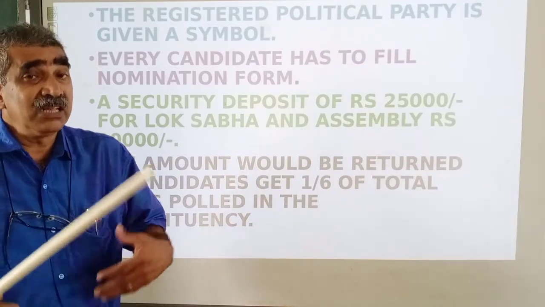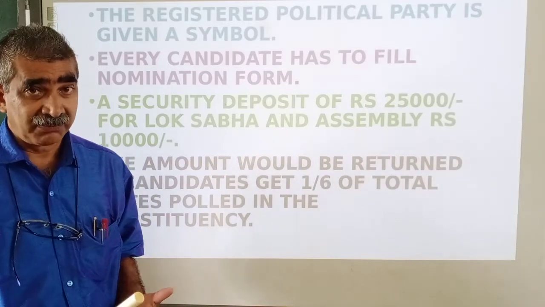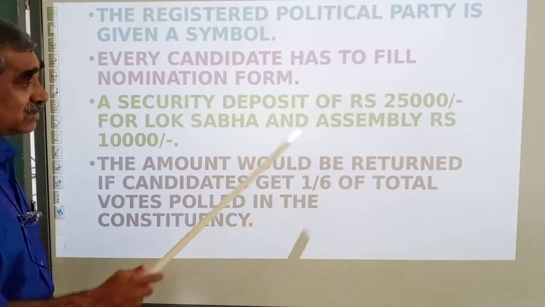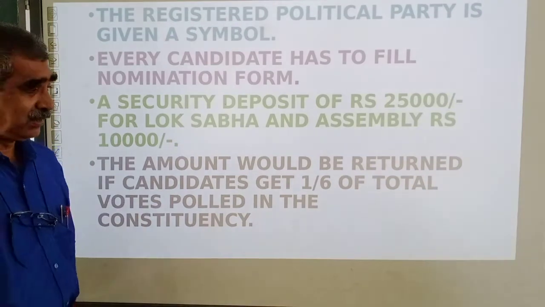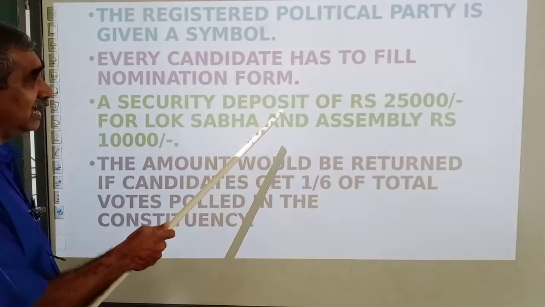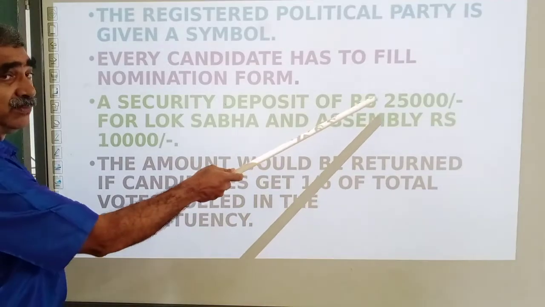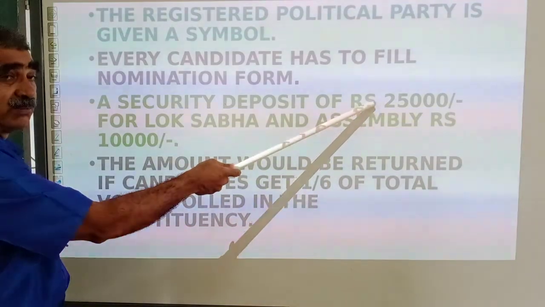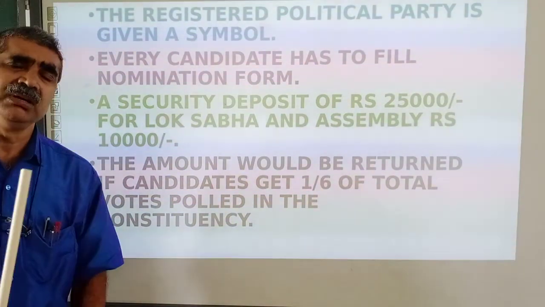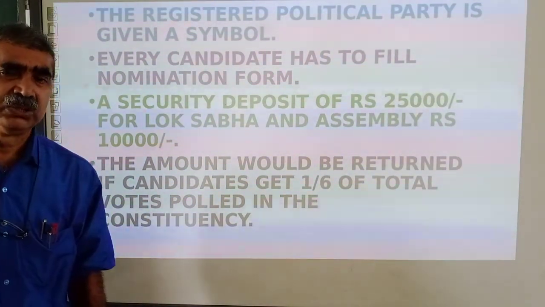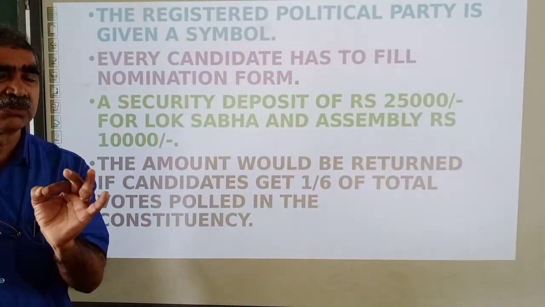But if he is able to get a minimum of 1/6 of the total votes, then he will be given back the 25,000 if he is for Lok Sabha and 10,000 for Assembly. The complete amount will be returned. No amount will be kept by the Election Commission.